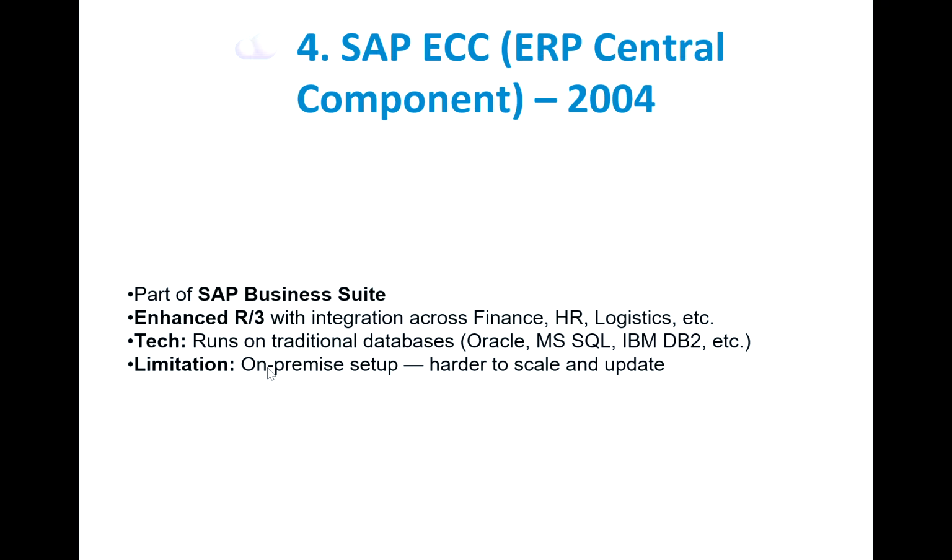It runs on traditional databases like Oracle, MS SQL, IBM, all of that. The limitation is that it's an on-premise setup. On-premise means every organization has its own database and its own data, instead of depending on third-party vendors. That is why it is harder to scale and update.